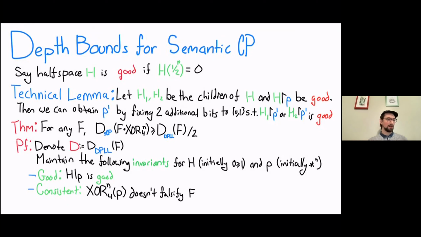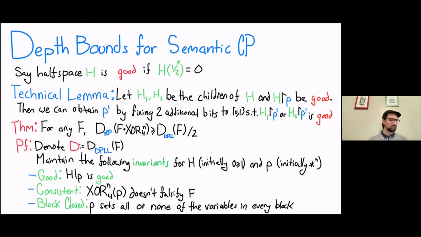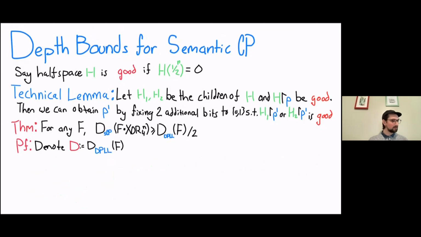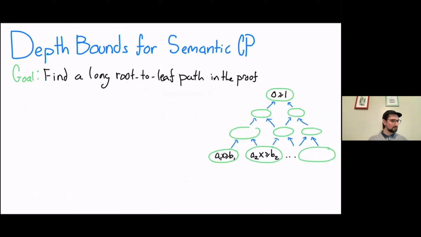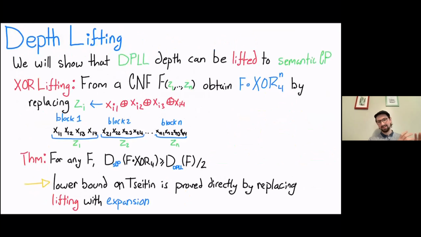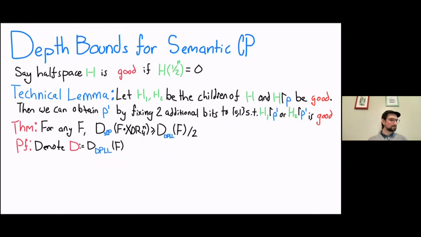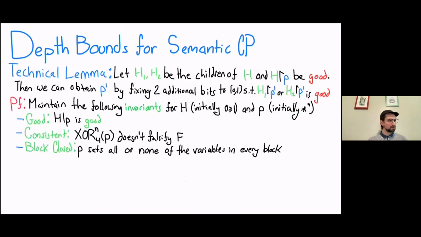So this means that H is not a leaf of the proof. And finally, this block-closed notion, which says that rho sets all or none of the variables in every block. Remember that the variables are broken up into blocks according to the initial variables. Those are the 3 things that we're going to maintain. This is just the previous paragraph from the last slide.